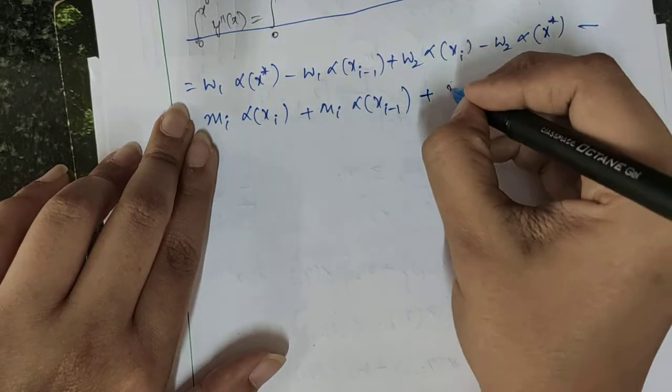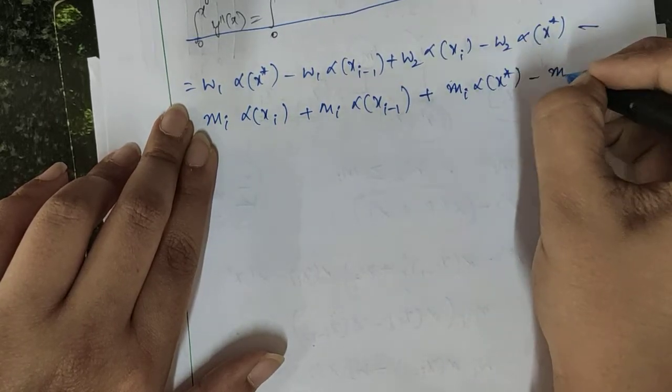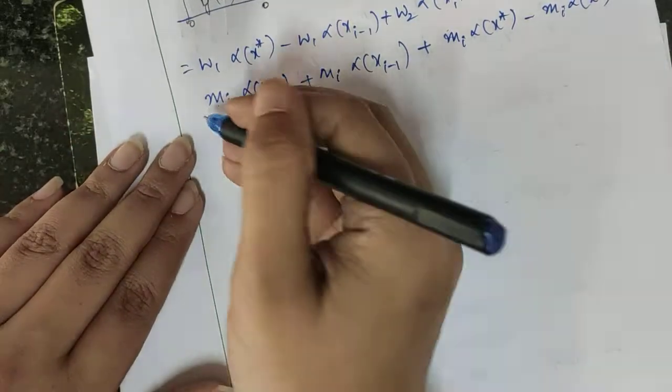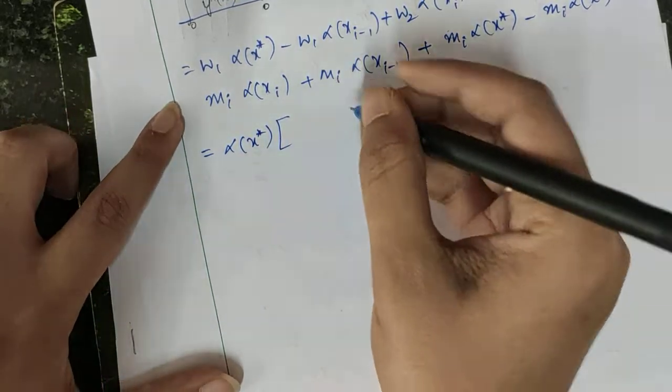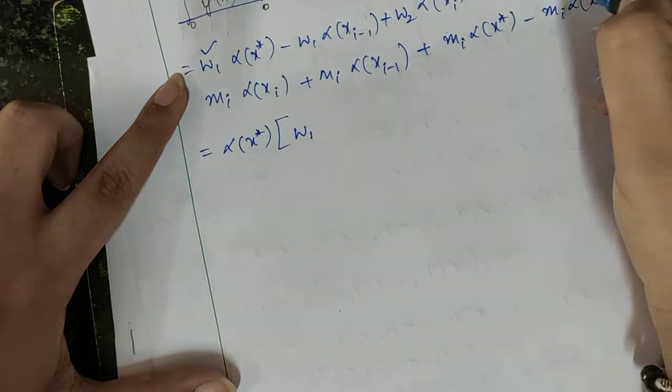Now I am adding and subtracting mi alpha of x star. Okay. So now I can take alpha of x star as common, so that I will be getting w1 minus mi.